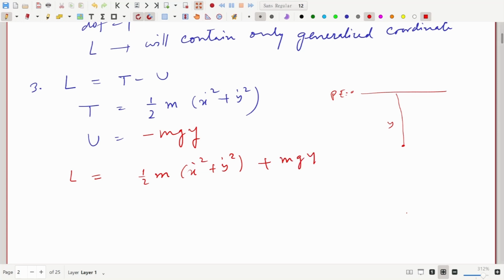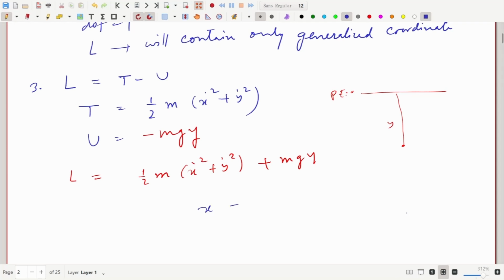So, the Lagrangian is half m times x dot square plus y dot square, plus mg y, minus the potential energy. But we have not incorporated the constraint. So, the constraint is x square plus y square equal to L square. In terms of the angle, we can write x and y in terms of the angle theta. So, you will have x equal to L sin theta and y equal to L cos theta.